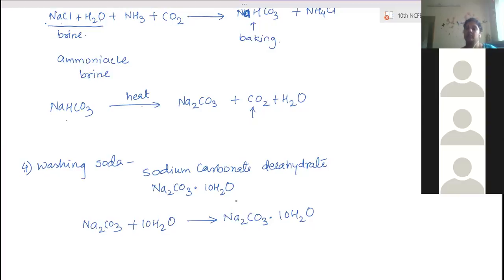To remove permanent hardness of water, we use washing soda. Cleaning clothes: it is used in the preparation of soaps and detergents to wash clothes. Okay. So that is about washing soda. Remember, the important one is removal of permanent hardness of water.